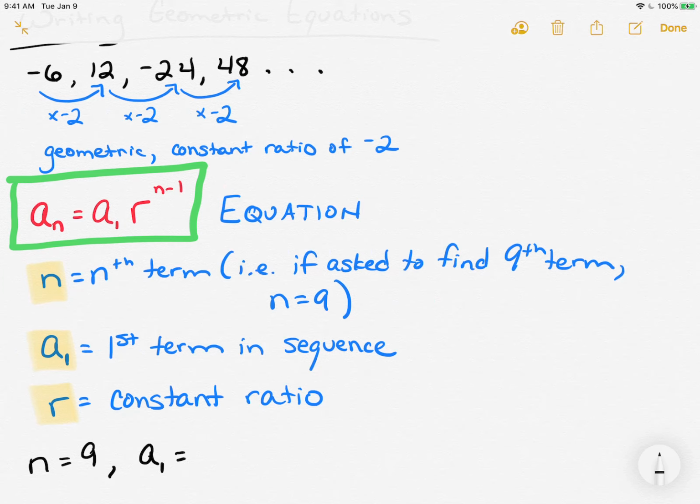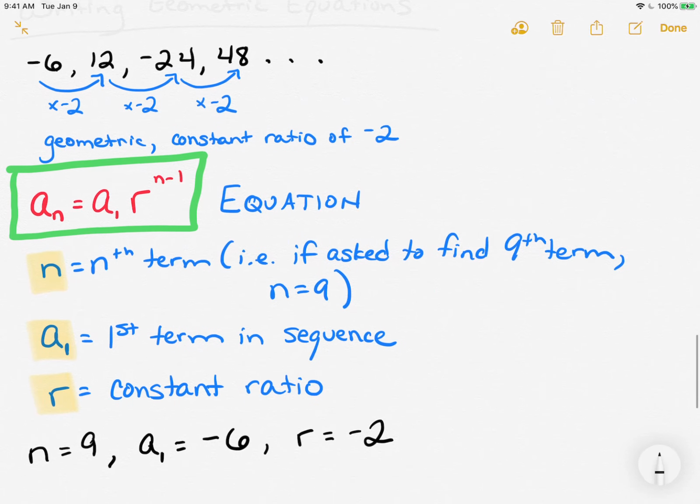It's called a subscript, so a sub 1. The first term in the sequence, meaning when I wrote it, what was the first one I wrote? -6. And then R, the constant ratio, what did we find was the constant ratio for this problem? -2.